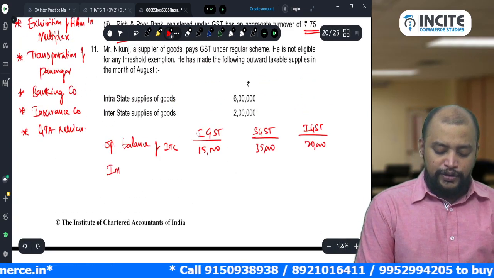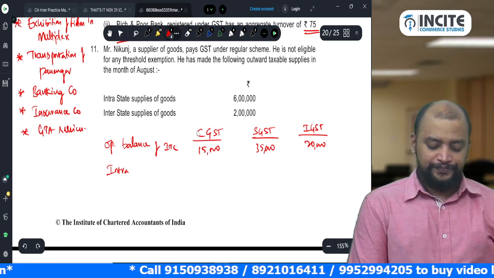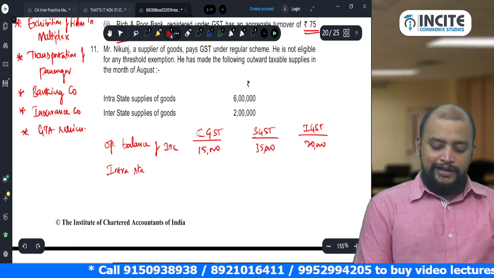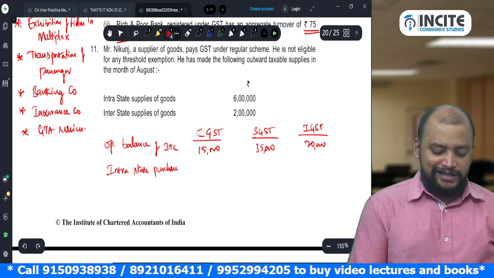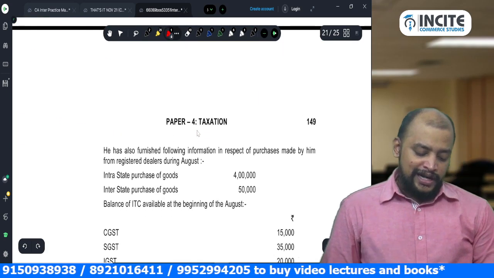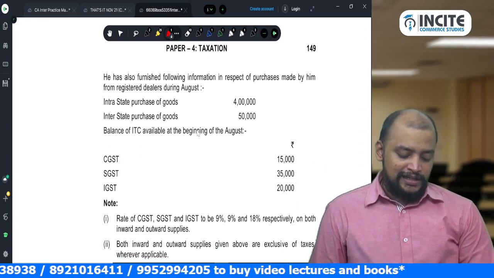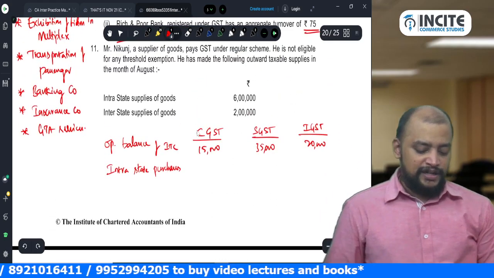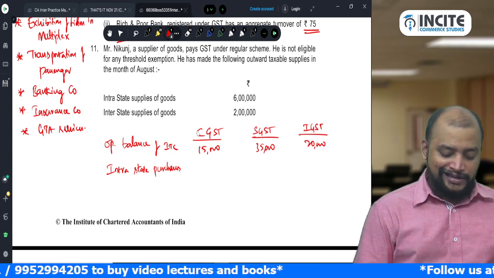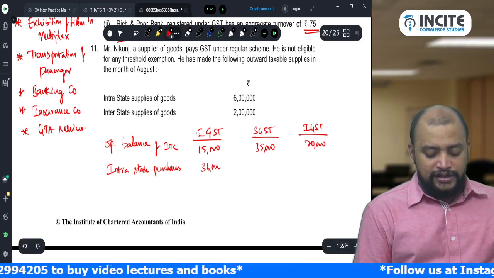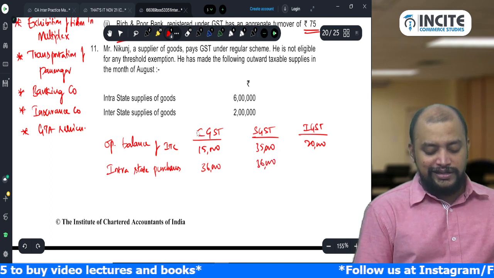Intrastate purchases 4 lakhs and the rate of GST 9%. So 4 lakhs into 9%, 36,000. So 36,000 CGST, 36,000 SGST.